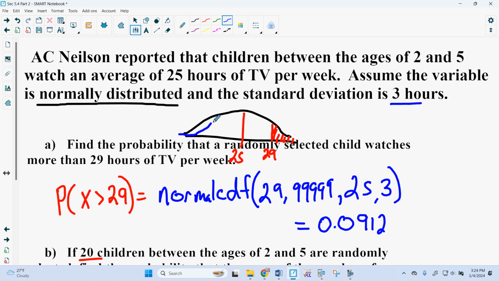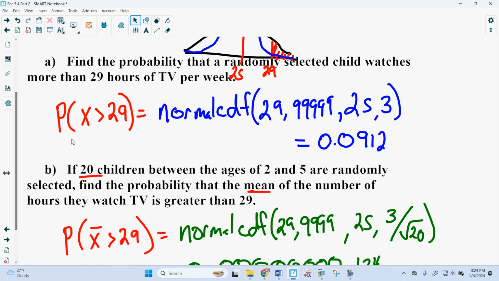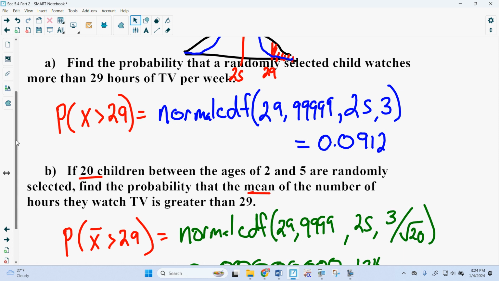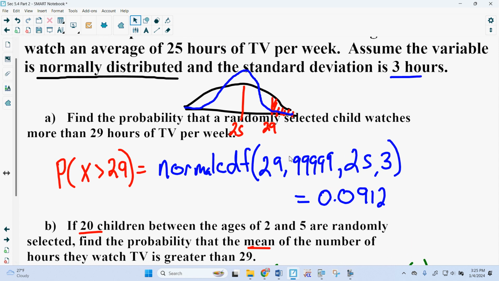So what happens is, if you remember, this graph gets much narrower. So the amount that is greater than 29 up here is much, much less, because when you're finding the distribution of the means, you have a much smaller standard deviation, the standard error. So the graph is much narrower.